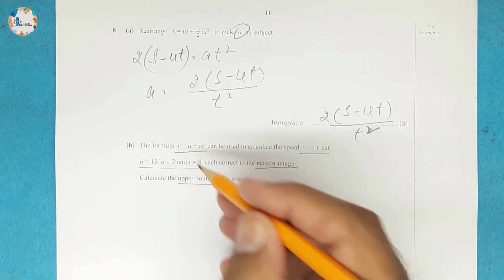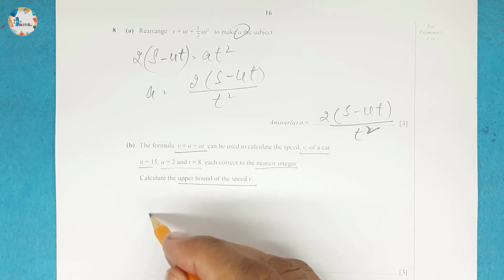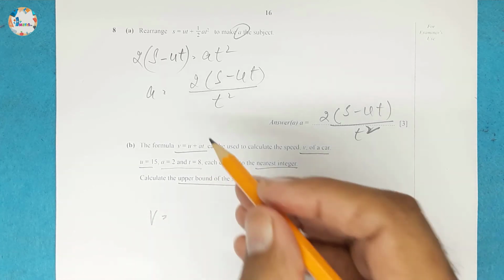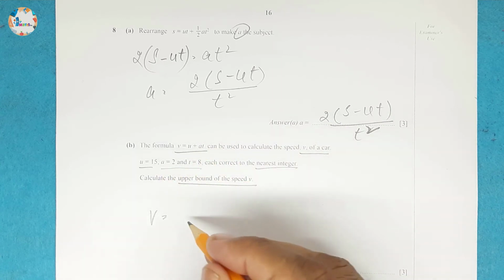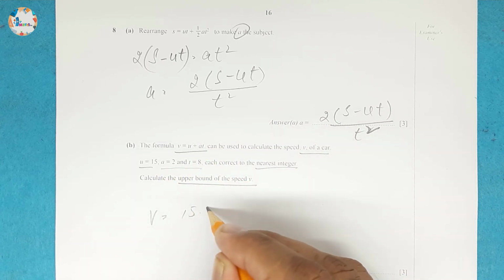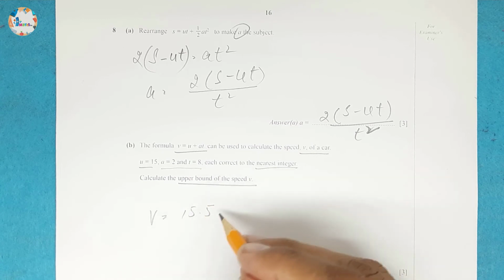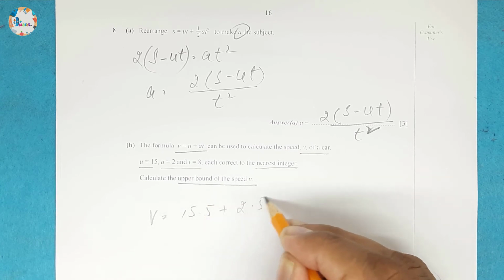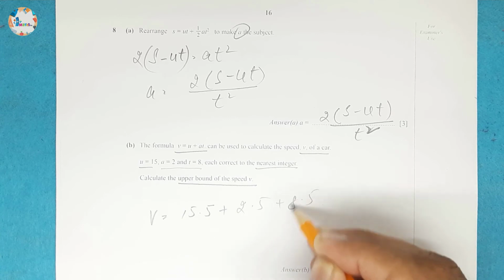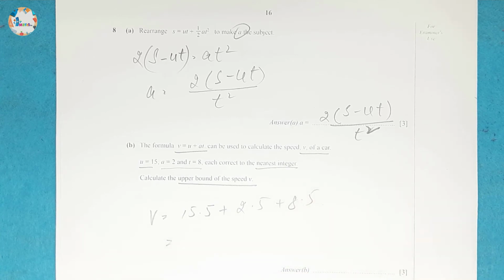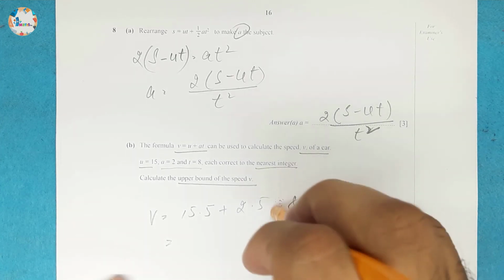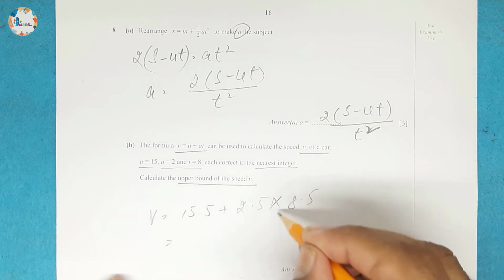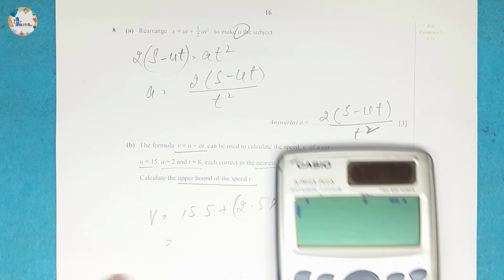So for the upper bound of the v value, we require the upper bound of the u value and of all these values. So this will be 15.5 plus, and in brackets, 2.5 into 8.5. It should be multiplication, so we'll write brackets over here.